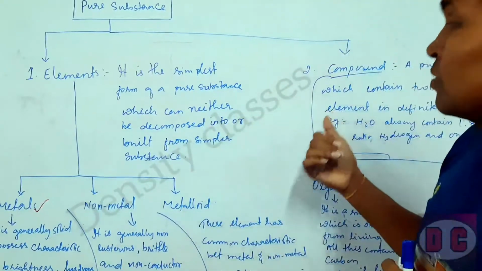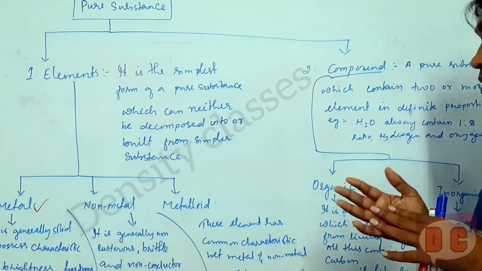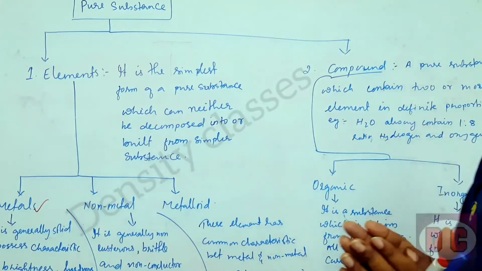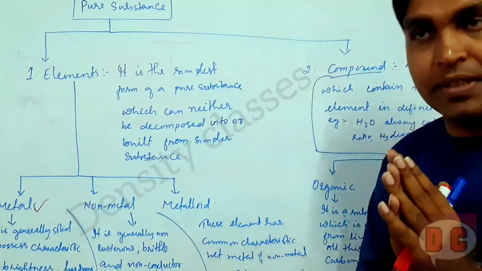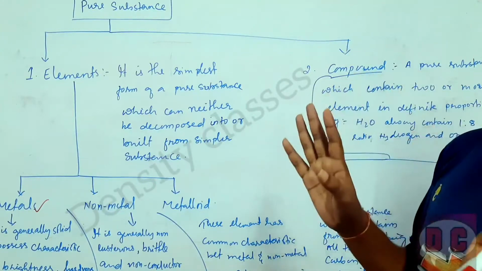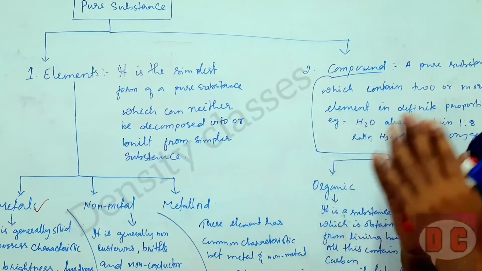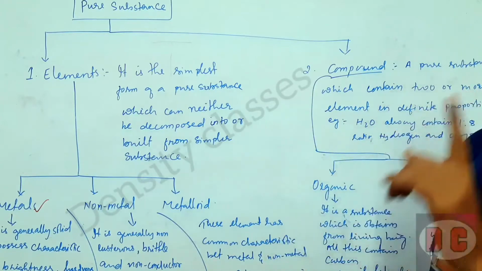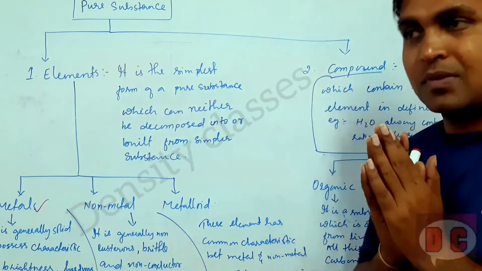But a compound is also a combination of two or more pure substances, and here the proportion is fixed. In which proportions you have to add them is fixed. Like water, H2O: it is always seen that the mass of hydrogen is 1 and the mass of oxygen is 8.